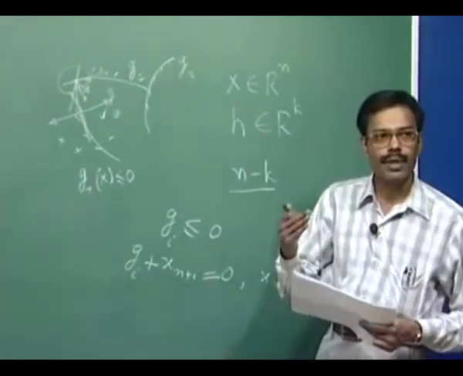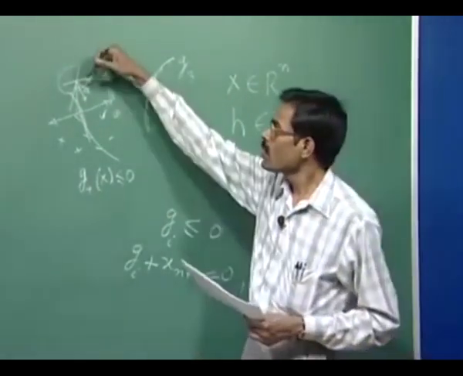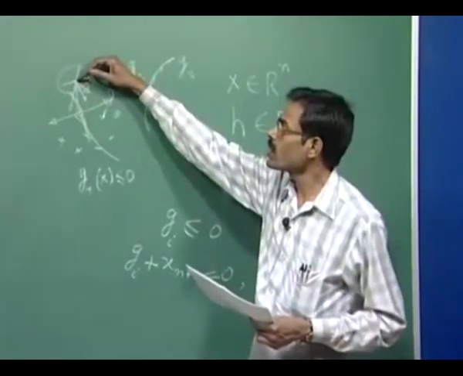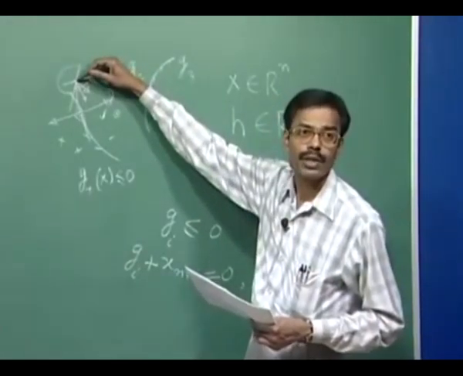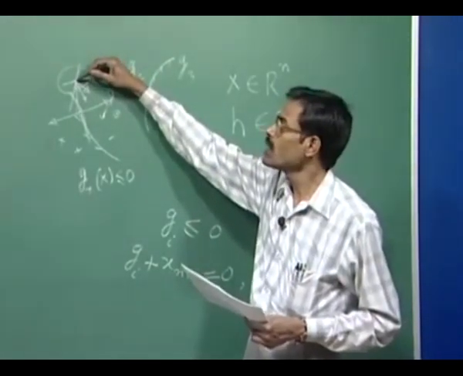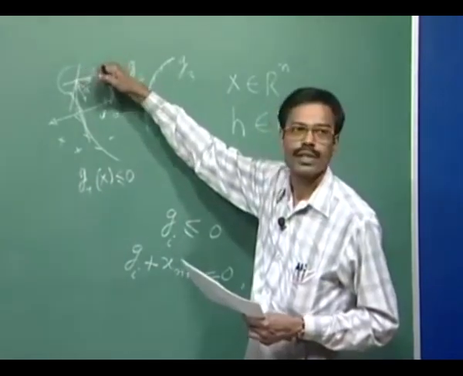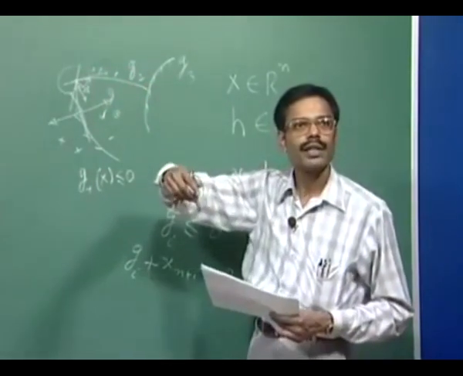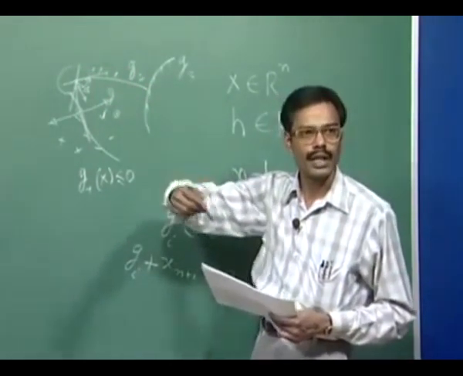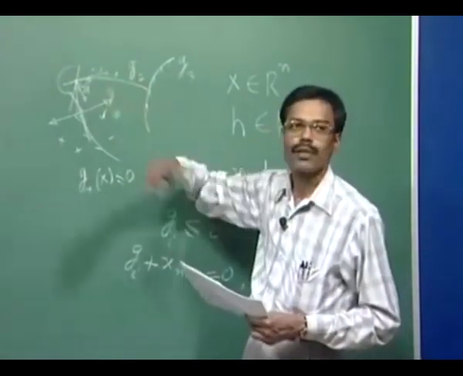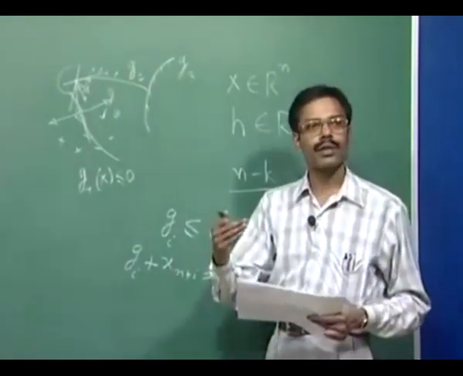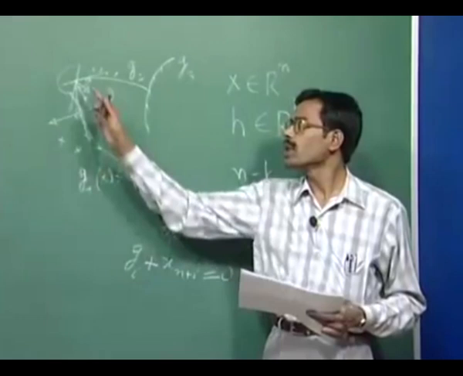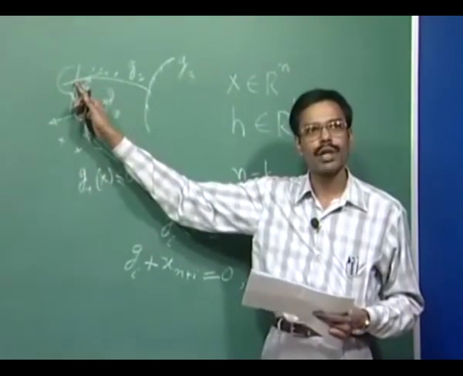Now, if these are feasible directions, then what is the necessary condition for this point to be a local minimum point? The condition should be that along the feasible directions, if we make a move, then the function value should not decrease, because if along a feasible direction the function value can decrease, that will mean that the current point cannot be a local minimum.